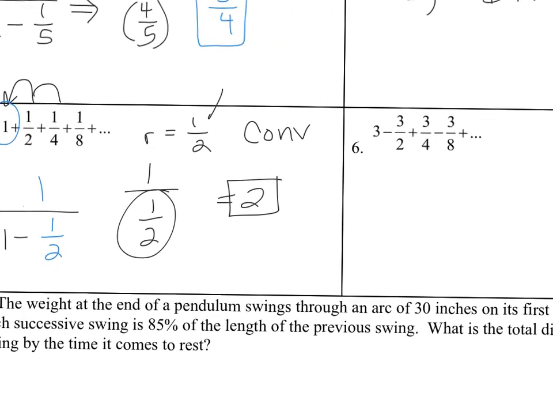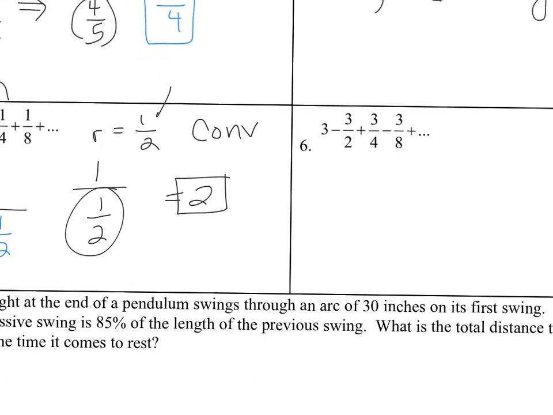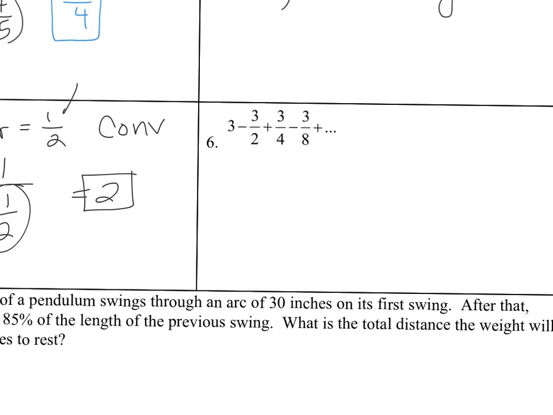And then number 6, the common ratio is -3/2 divided by 3. So this is -3/2 times 1/3. So this common ratio is -1/2.